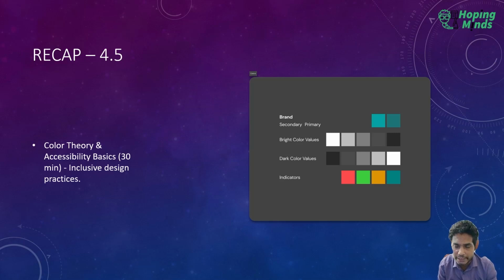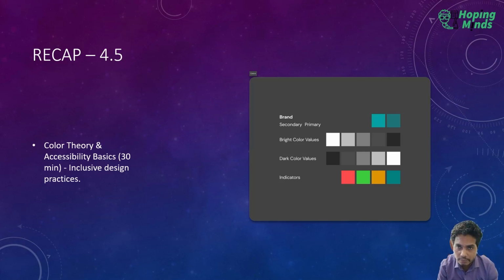I also explained about RGB and CMYK. RGB is used for anything you make digital, like websites, mobile applications, web applications, and CMYK is used for print media. RGB is red, green, and blue.